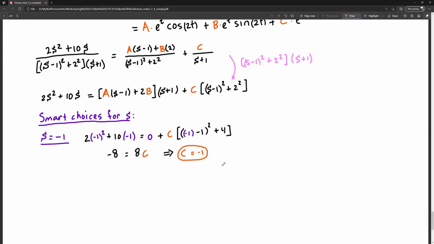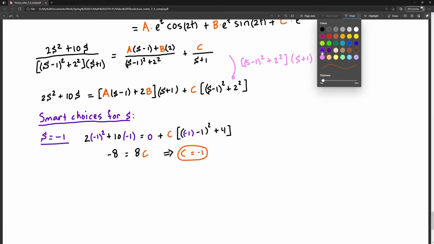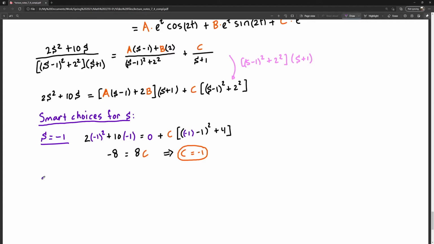So another smart choice for s that makes things quite a bit simpler is s equals 1. So if we pick s equals 1, then this factor becomes 0, and so everything with a disappears.